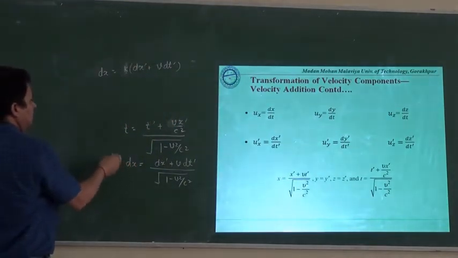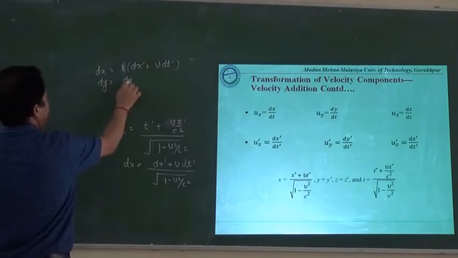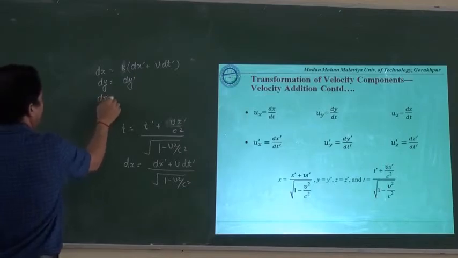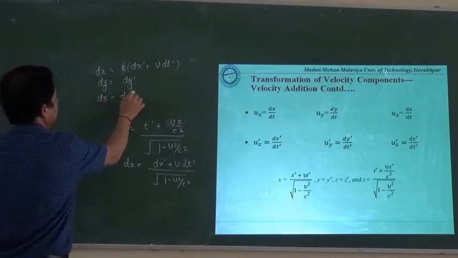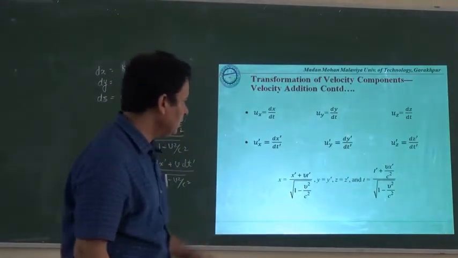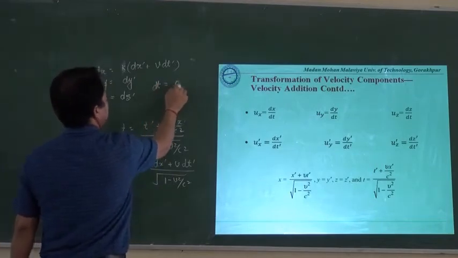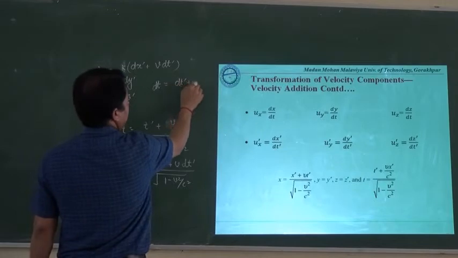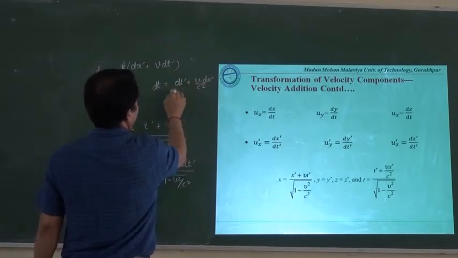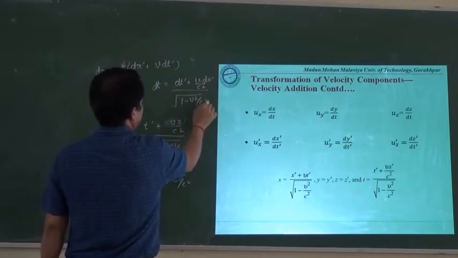Similarly, we will write the differential form of the other components. dy will be equal to dy dash, there is no change at all, and dz will be equal to dz dash. And when we write the differential form of t, the differential change dt will be given as dt dash plus v dx dash upon c square, and this whole will be divided by under root 1 minus v square upon c square.